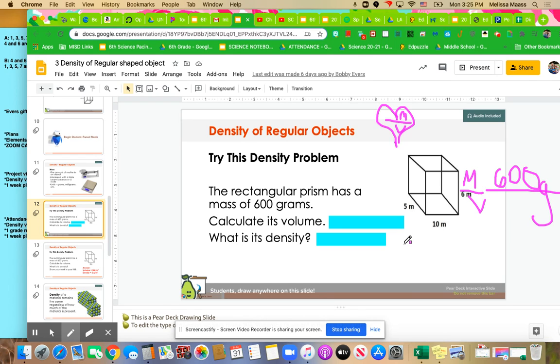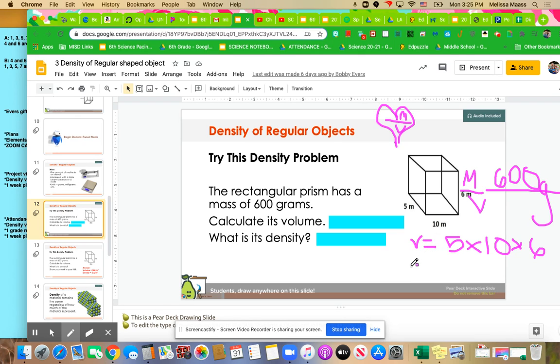Some of you will know how to do this right away, but you'll do 5 times 10 times 6. Okay, perfect. So that will be our volume.